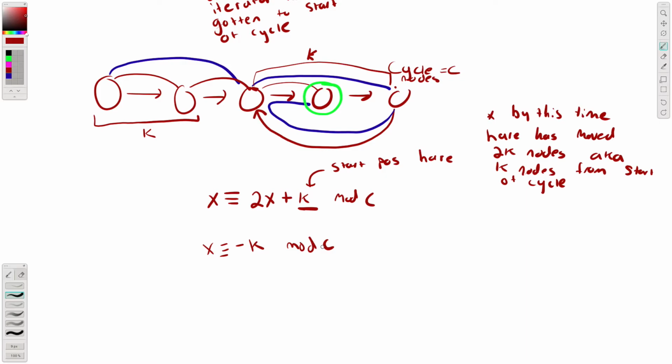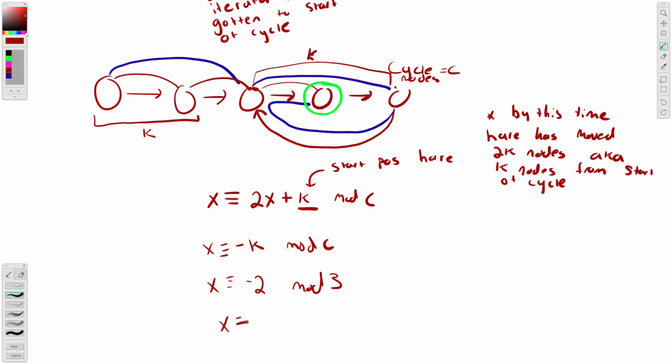Okay, so we found the position in the cycle that the tortoise and the hare are going to intersect. And it's specifically at negative k. So what does negative k mean? So that means x equals, in this case, negative k would be negative 2 mod 3, right? And what does that equal?